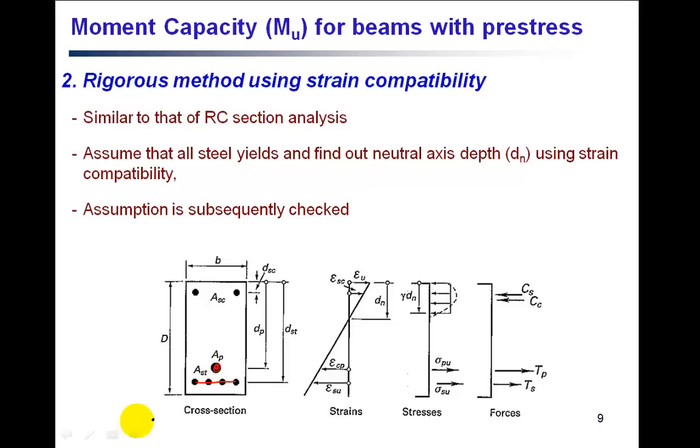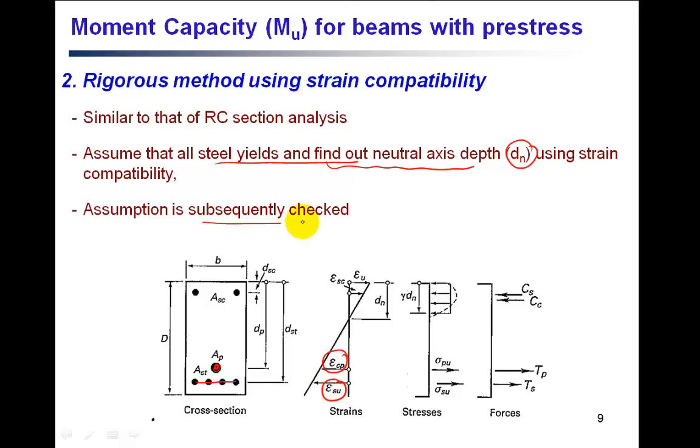Then we find the actual neutral axis depth dn, like we did in the reinforced concrete beam. Find ku and dn, and use the strain compatibility equation to find the actual strain in these steels and check if they are yielding or not. And with these, you can find out.